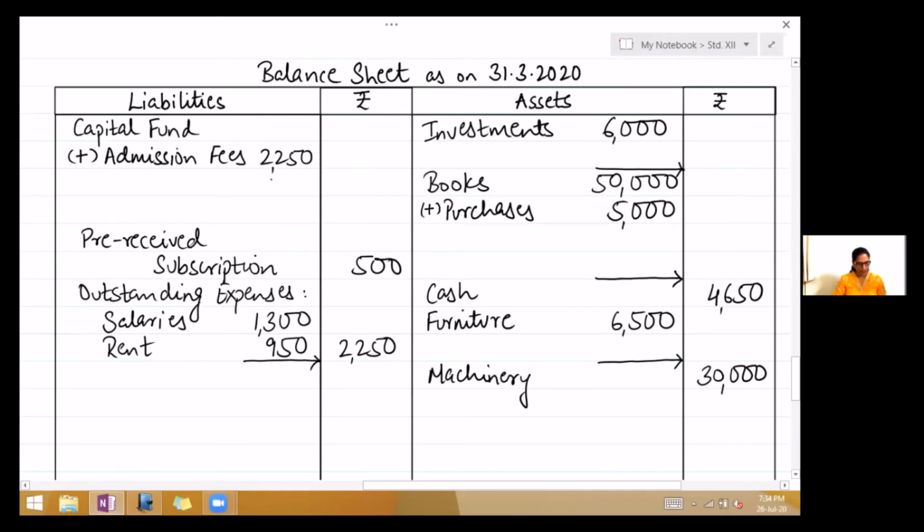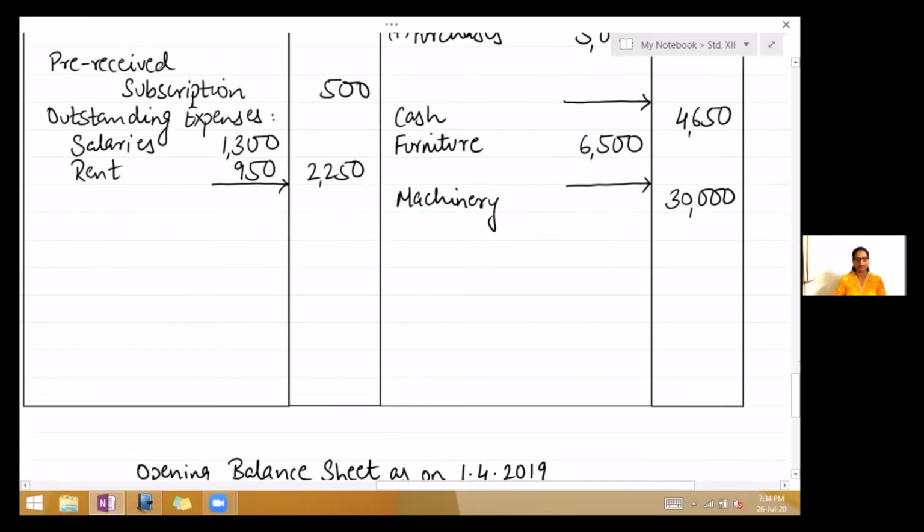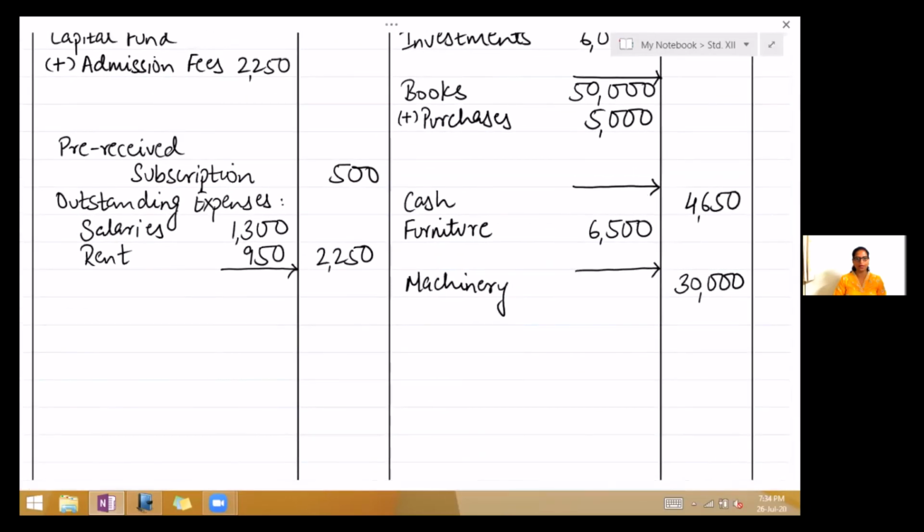Okay, fifth adjustment, furniture to be depreciated at 10% per annum. So look at the asset side, furniture, you've got there 6,500. So first effect, less depreciation, it is 10%. So it's 650, deduct, take it to the outer column, 5,850.